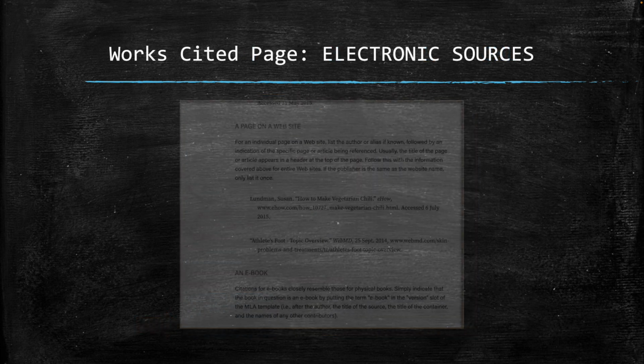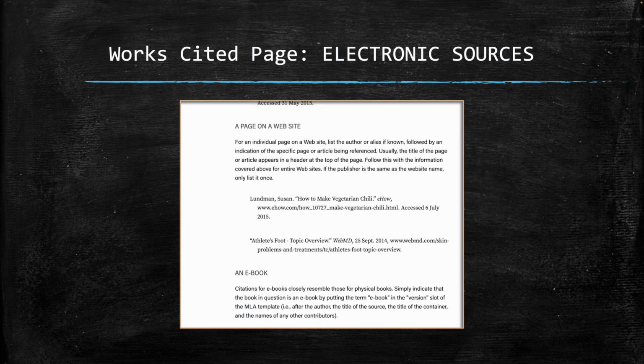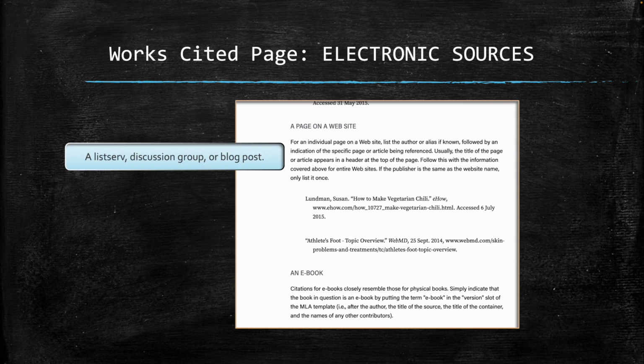When you click on that, it takes you to a screen very similar to the others with a list of different types of electronic sources. We see here, for example, a page on a website. You can scroll down a little bit and see an ebook. And for each of these, the OWL explains what you need to include in your works cited entry and how it should be formatted. And you can keep scrolling down on this page to see different types of electronic sources.